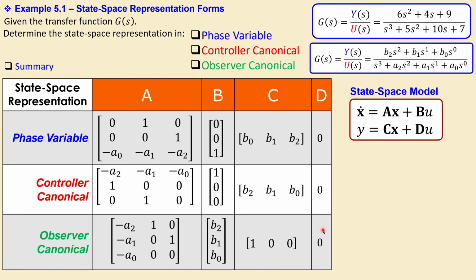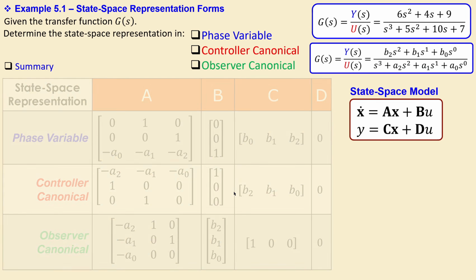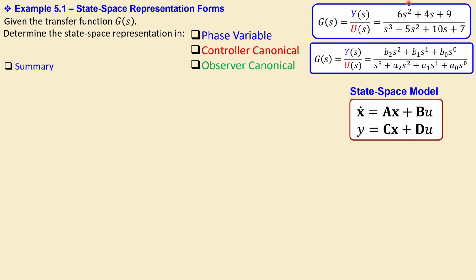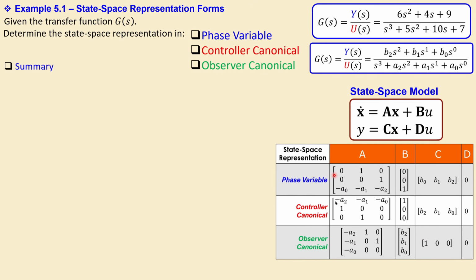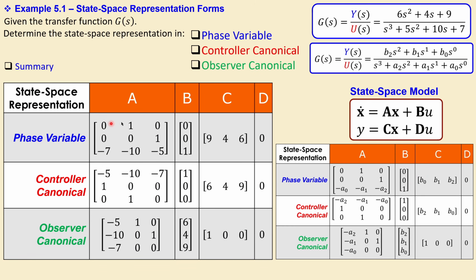There is no direct transfer. These are the formulas. Now, if I use this example, I will get from here, because that's actually the general form, these values, and this is all the summary. So you can see the differences between the different state space representations.